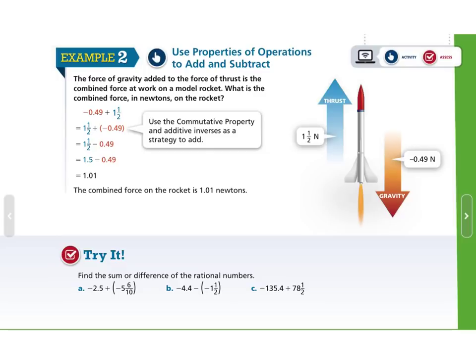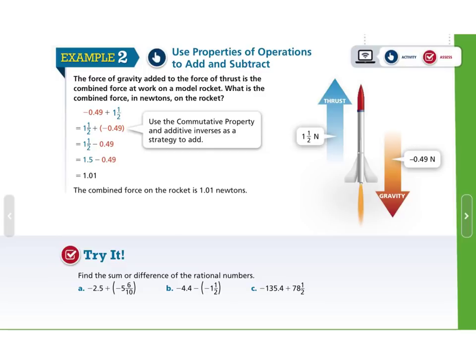So as you're working to solve this problem and add those two rational numbers together, you're going to have to make sure that you put either the fraction and mixed number into a decimal form or change the decimal into a fraction. The book has selected to change 1 1/2 to 1 5/10 in order to make both of them decimals before subtraction is possible. So the combined force on the rocket is 1 100 newtons.